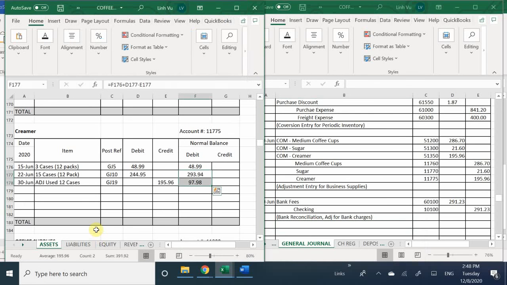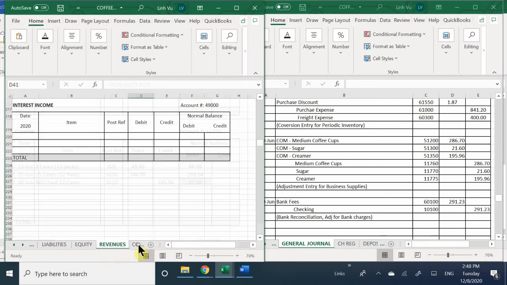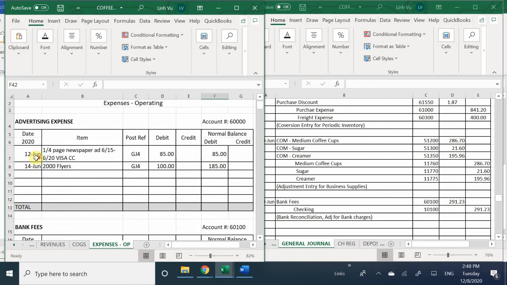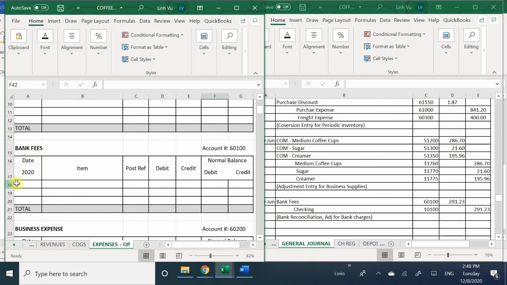Yes. All right, so we're going to be in expenses first. At the top, the second one is bank fees.